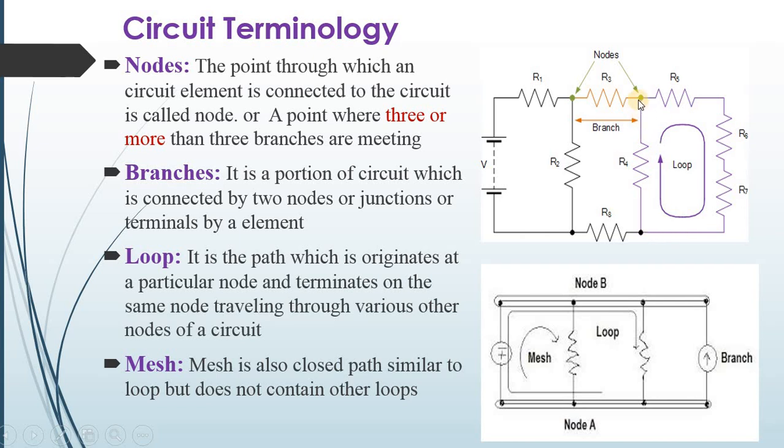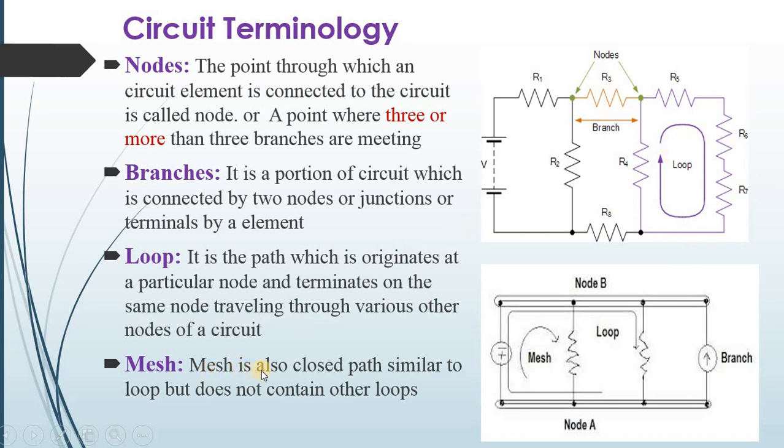In that diagram, the violet color shows the loop. It originates at this node, travels through R5, R6, R7, then this node, then R4, and terminates at this same node. So such a closed path is called a loop.